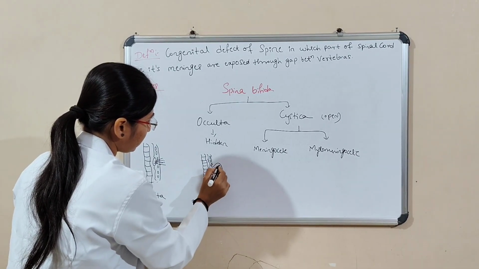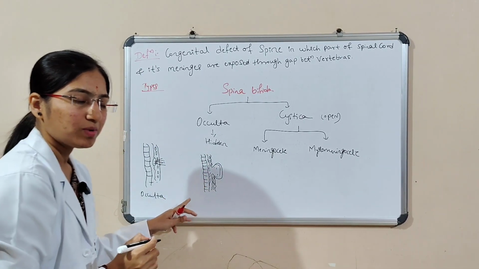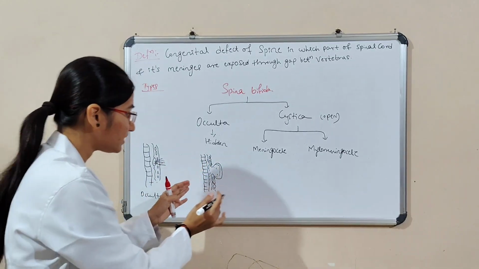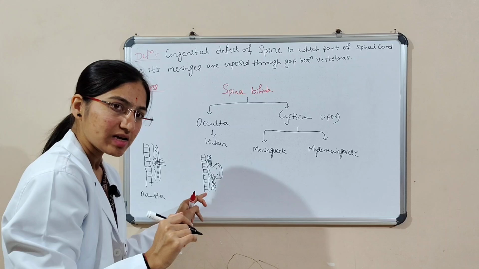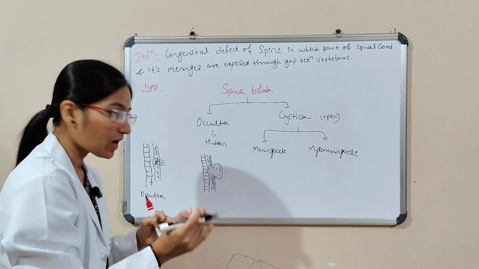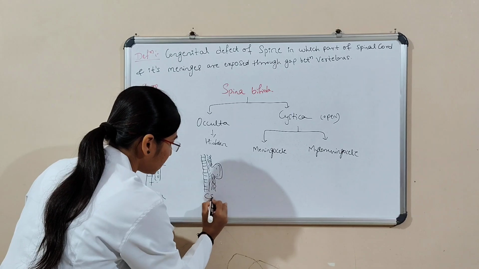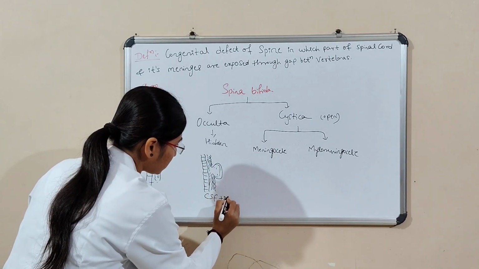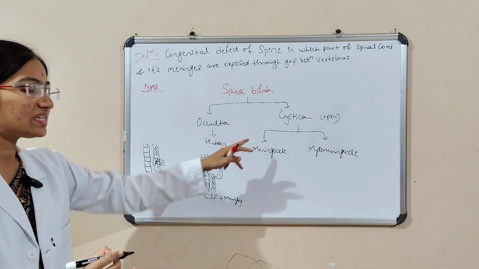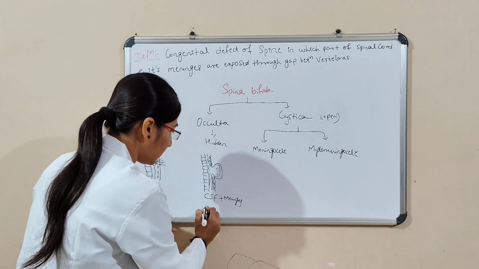Here what happens? It is protruding out. Here meningocele is there and CSF is there. In meningocele there is protrusion of CSF plus meninges. This one is a cystica type, that is meningocele.